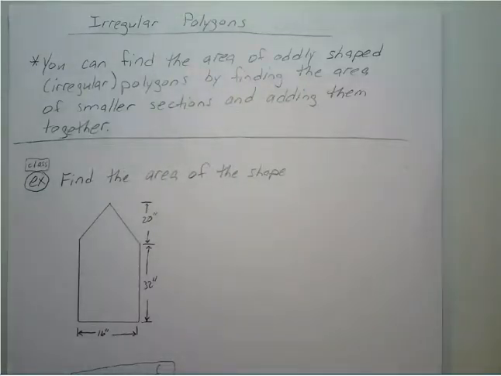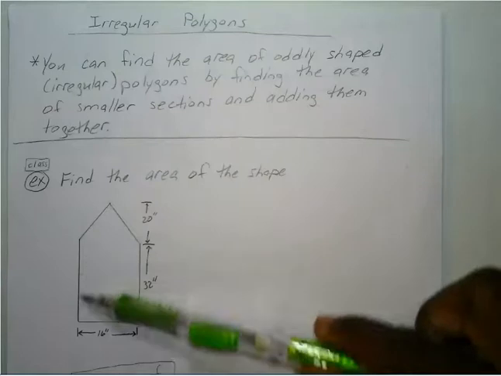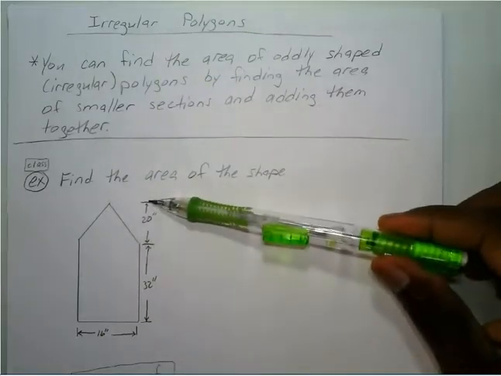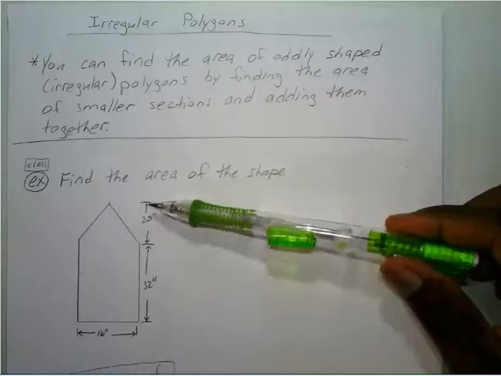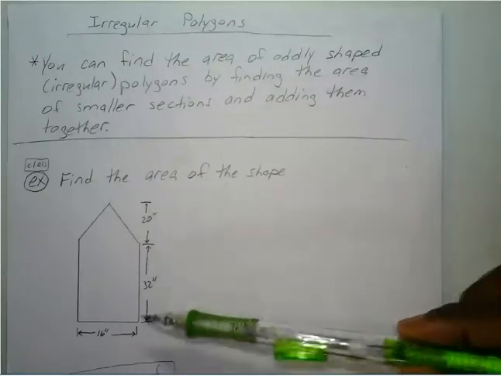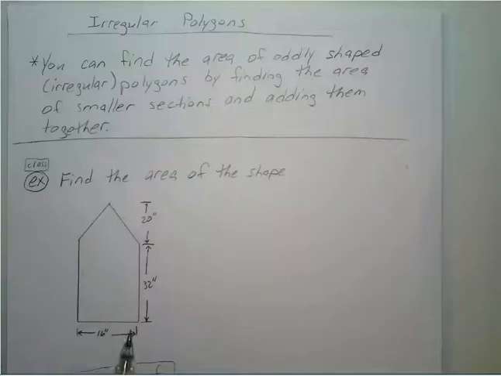Okay, so I'll give you an example here, but I want you to try it before I do. Okay, so I want you to find the area of this entire shape. So we know from this vertex up here is 20 inches. From that same vertex down to the bottom is 32 inches, and it's 16 inches across.